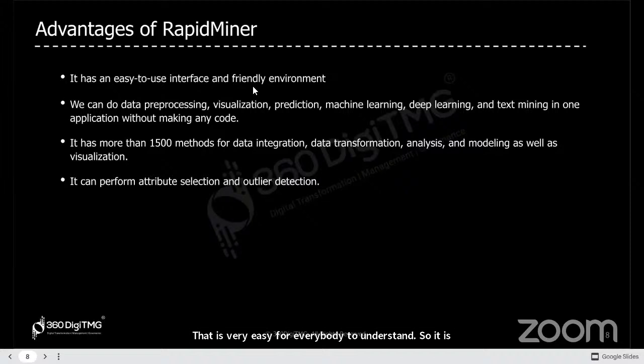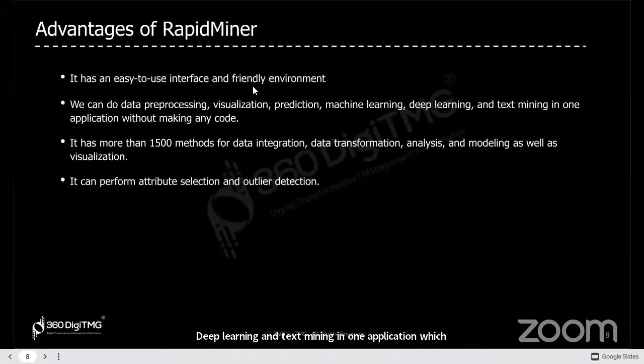The second one is that we can do data pre-processing, create visualizations, do predictions and machine learning, deep learning, and text mining in one application, which is RapidMiner, without writing any code.